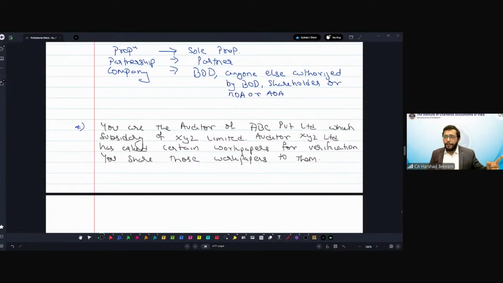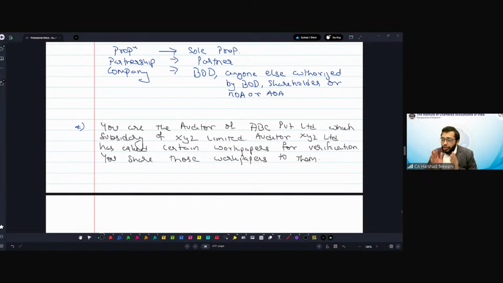Now, sharing of information as required by SA 600 or as required for the branch auditors is different than sharing of work papers. Understand? When sharing of information is required, you need to provide that information in a particular format where the auditor will ask you, okay, give me that information in this particular abstract format. There's a difference between sharing of work papers and sharing of information.